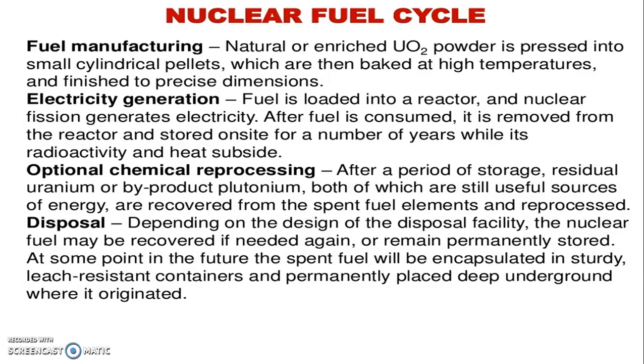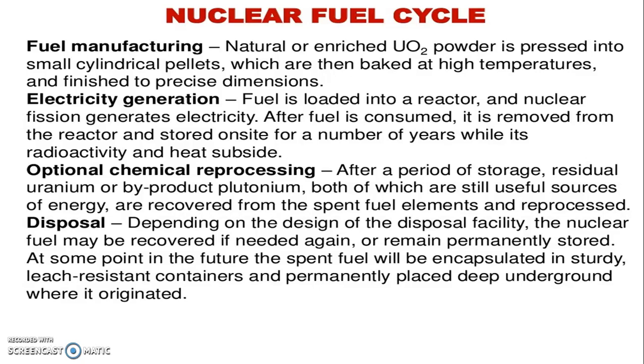Optional chemical reprocessing. After a period of storage, residual uranium and byproduct plutonium, both of which are still useful sources of energy, are recovered from the spent fuel elements and reprocessed. Next topic is disposal.